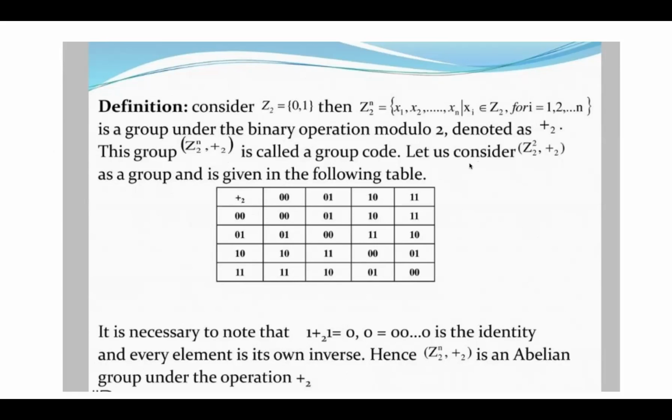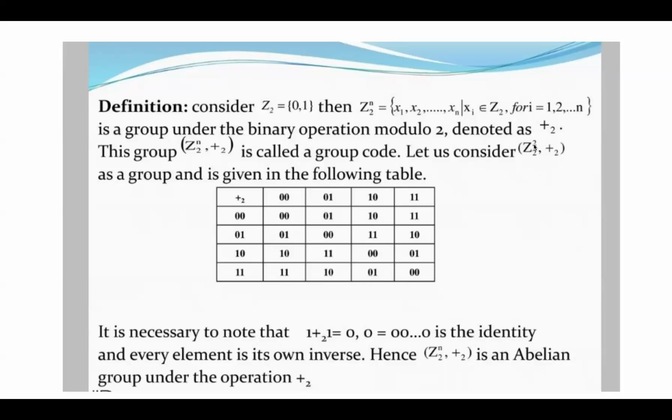Now let us consider Z raised to 2, plus, as a group, given in the following table. What we have to consider is that Z raised to 2 means Z will have combinations of numbers. Here small z is 0 and 1.